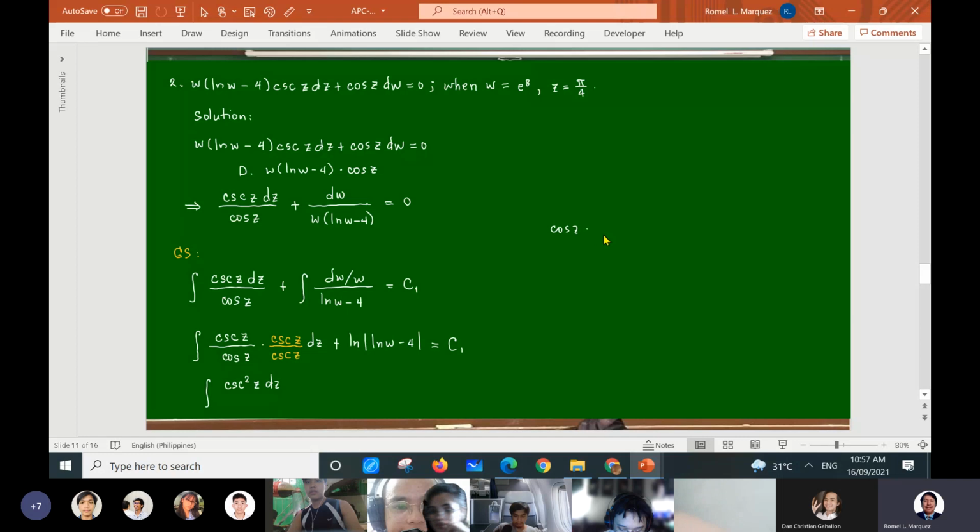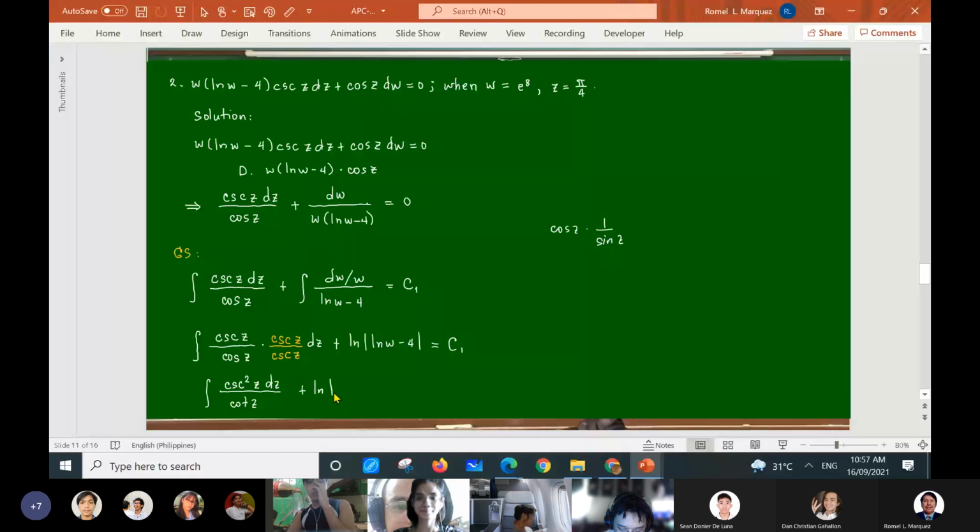But what is cosecant? 1 over sine. Am I correct, children? What is cosine over sine? Cotangent. Is cotangent related to cosecant squared? Because that's its derivative. Just missing the negative. Am I right, guys?